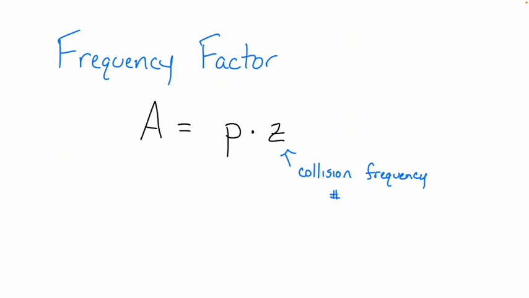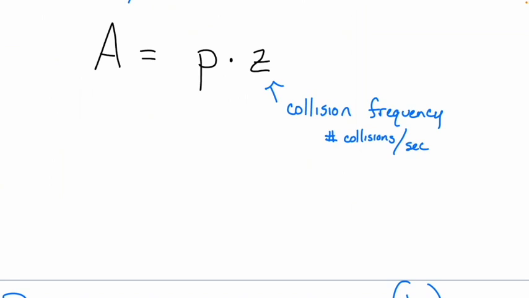Just simply the number of collisions that occur in a given period of time, per second, right? So how many times are molecules colliding in our sample per second? And this is a big number. Molecules are moving very, very fast.